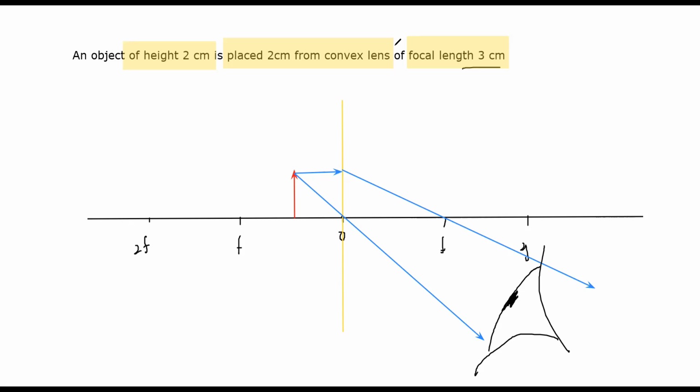So when our brain reproduces these light rays backward, so when these light rays are reproduced by our brain, they appear to intersect at the back of the lens, and this is the position where the image will form.